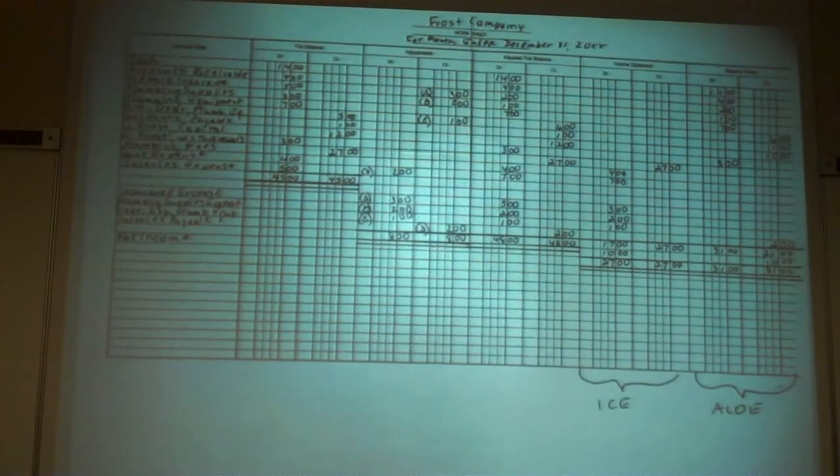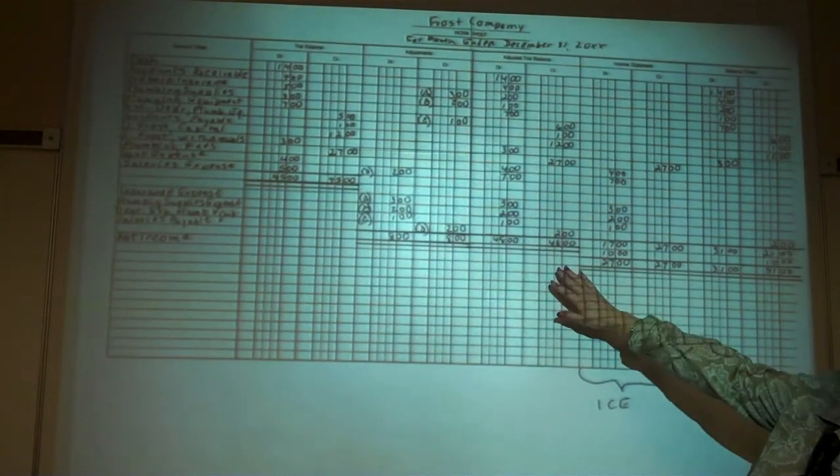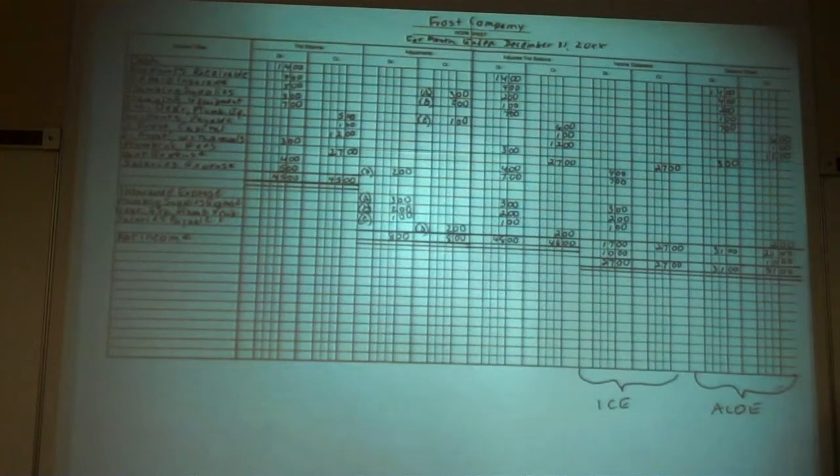We need to add to come up with the numbers that are in the adjusted trial balance. If we have 2 credits, we need to add. If we have a debit and a credit, or a credit and a debit, we need to subtract. And whichever number was the larger number of those 2, then we would put it on the debit or the credit side.